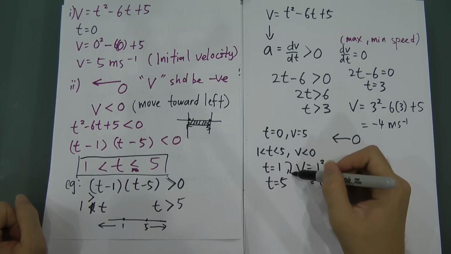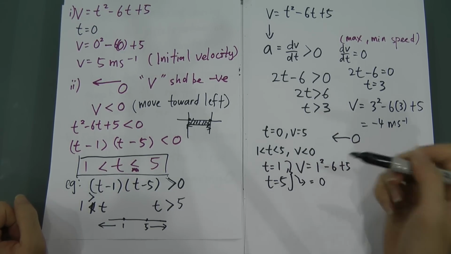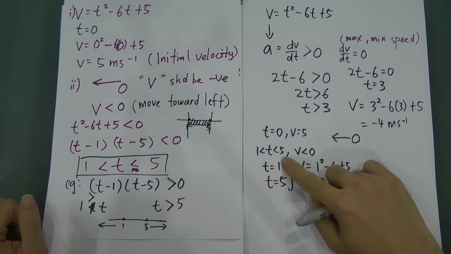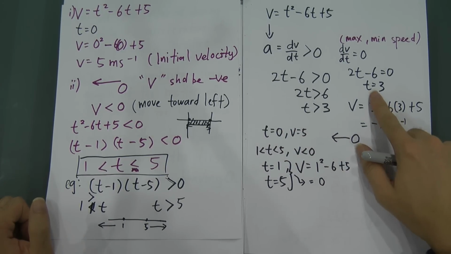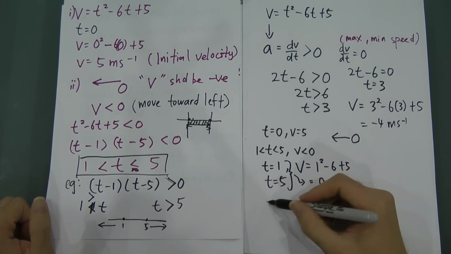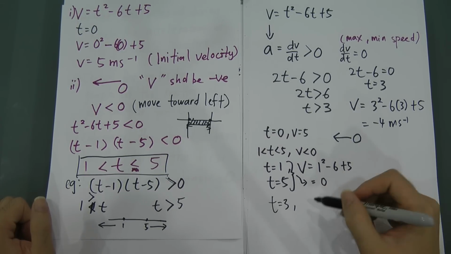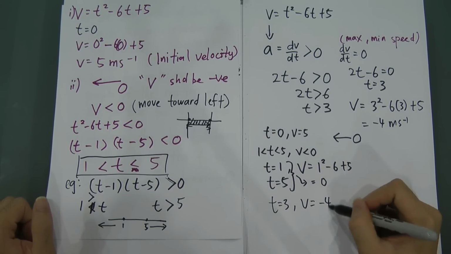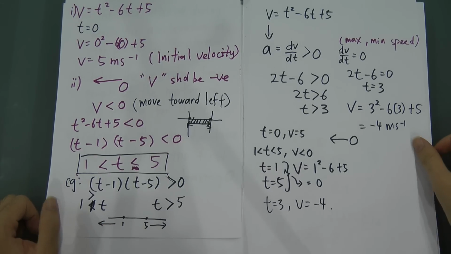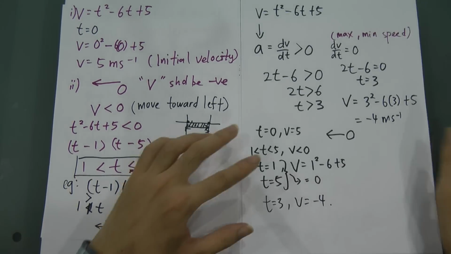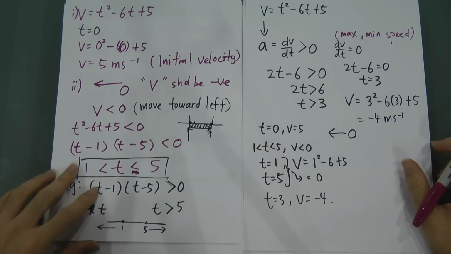We have 0 seconds, first second, fifth second, and we also have the third second, where V is -4. Since we have all the information, I just sketch the graph, using the space here.